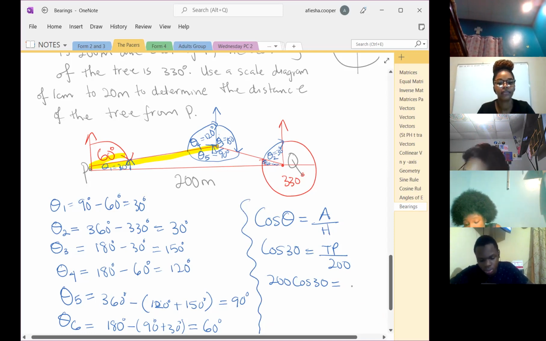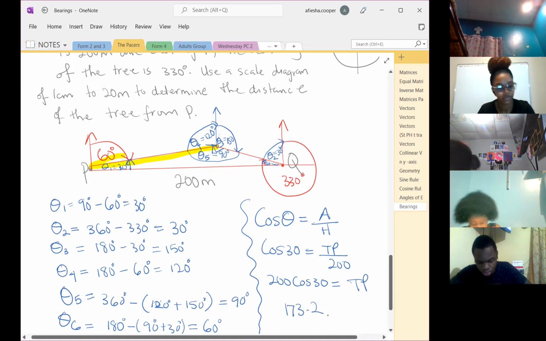How much is that? TP. 173.2. 0.2 is fine. Meters is equal to TP.